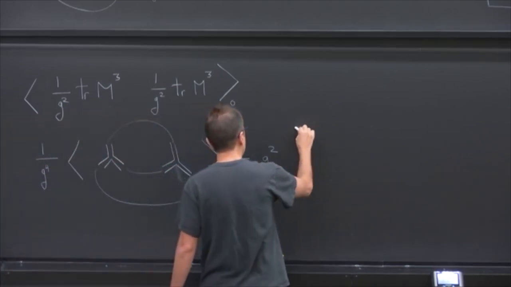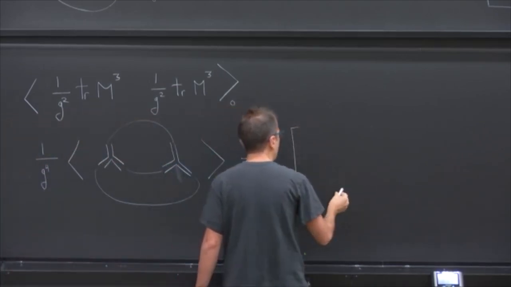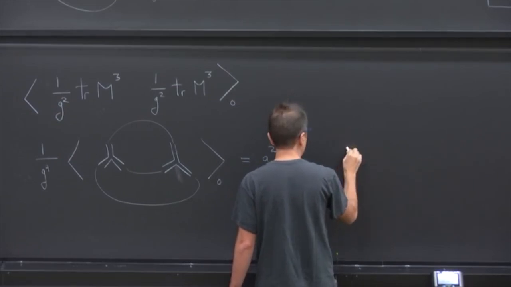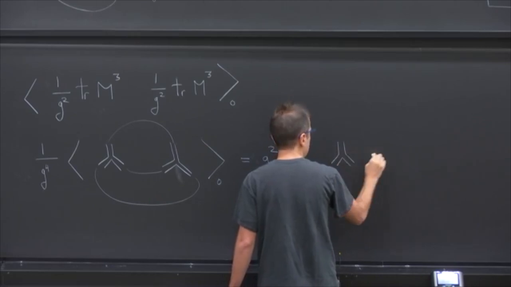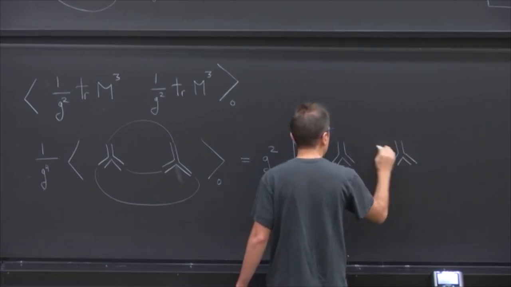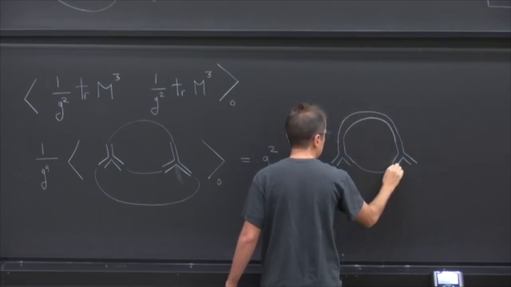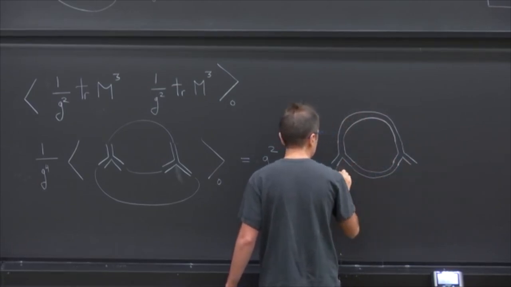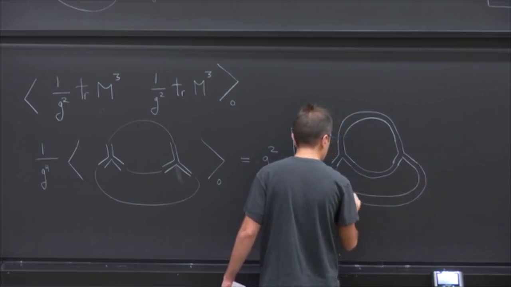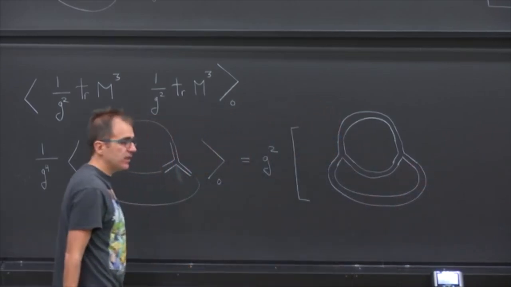And then, let's draw the graphs that we have. So one possibility is what I drew here. So let's draw it. One possibility is this goes here, this goes here, this goes here, this goes here. This is one possibility of contracting.